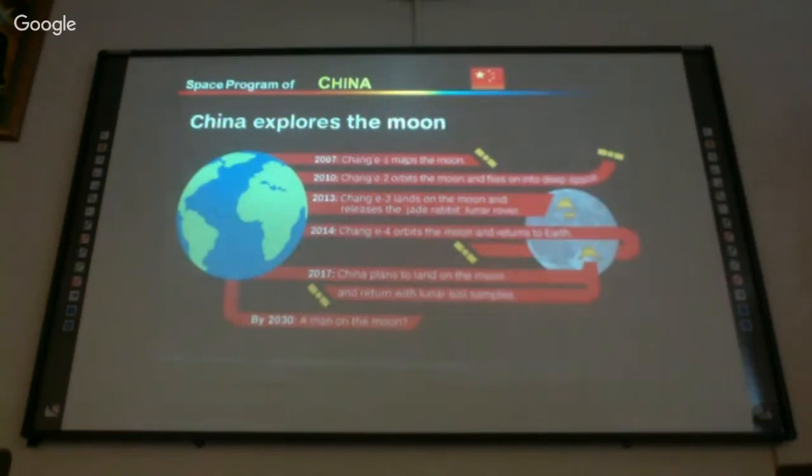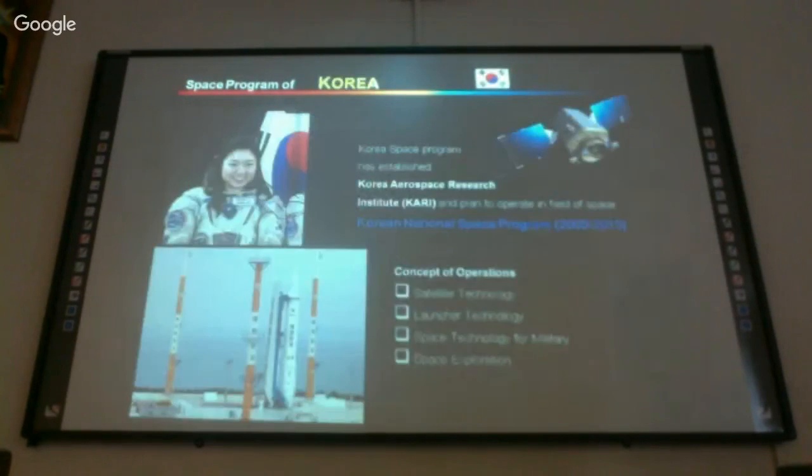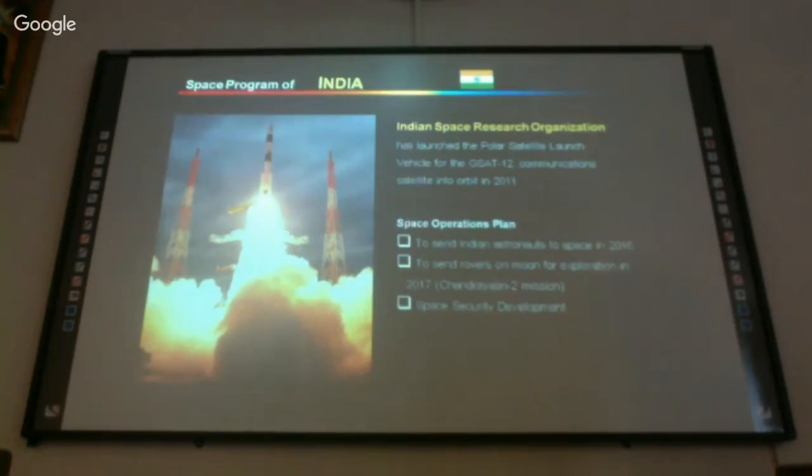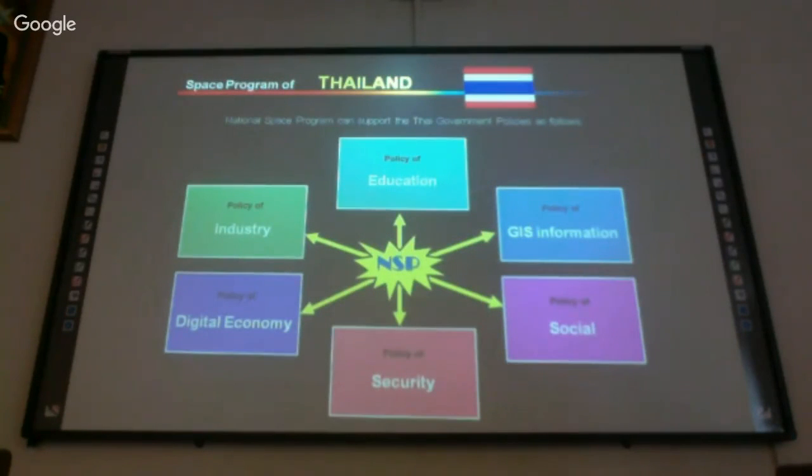I need to go quickly because it's very specific to the Thai government. So we study Japan, Korea, China, and India about their space programs, how they established them, and then we will use the method to develop our country. So the NSP will support education, industry, digital economy, GIS, and society, as well as military security.